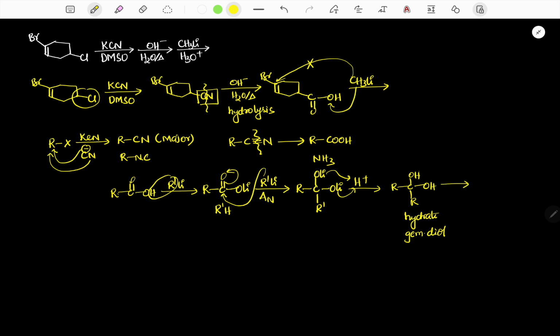Now it loses the water molecule and forms the corresponding ketone. So in this case also this acid will be converted into ketone. It is the final product.